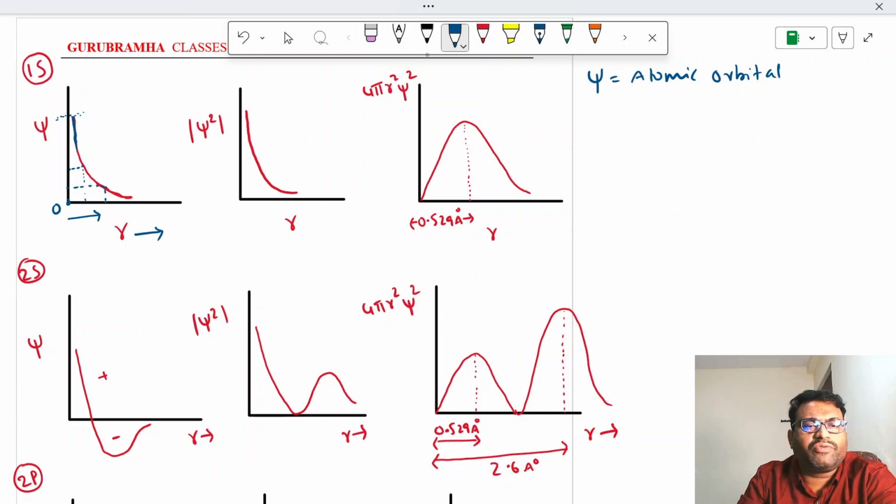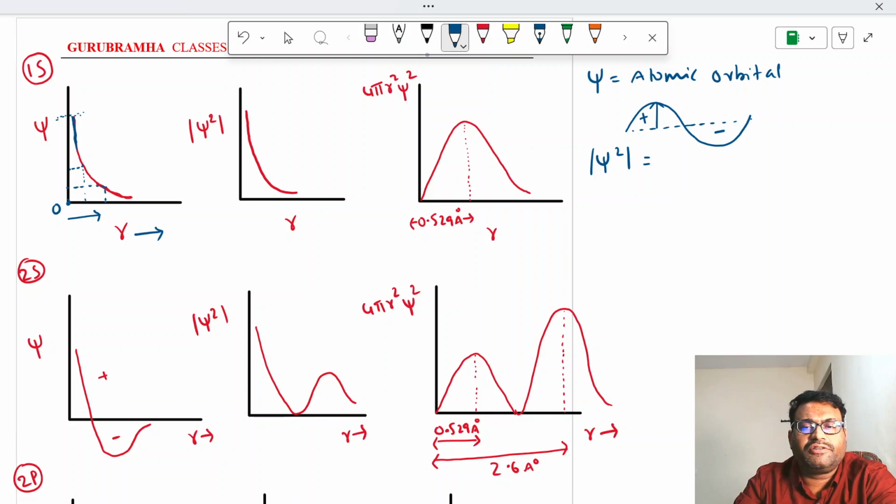But coming to psi square, we know that psi can have both positive and negative values. Psi means wave function or amplitude. But when a graph is drawn for psi square, it will always be positive. What is psi square?